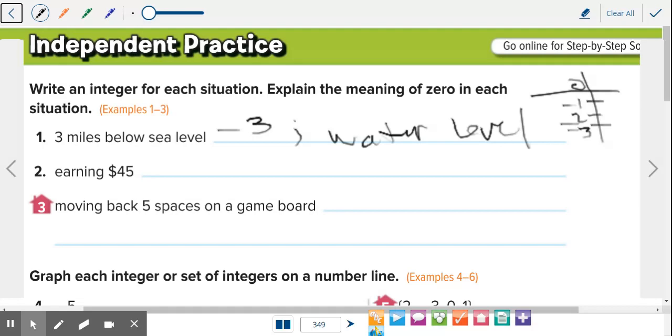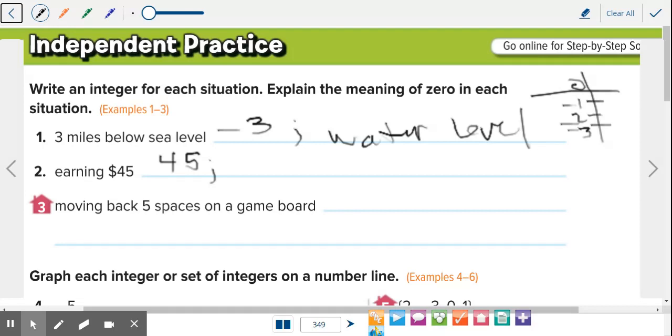All right, let's do number 2. Earning $45. So you earned $45. What is the integer we would use for this situation? Amy? Just 45. Now what would 0 represent in this situation?